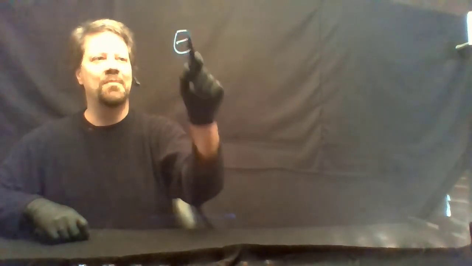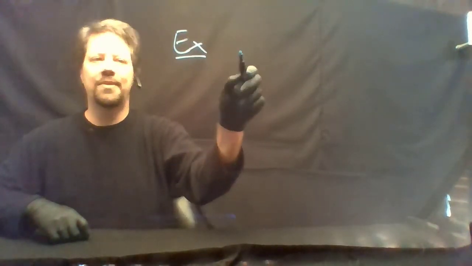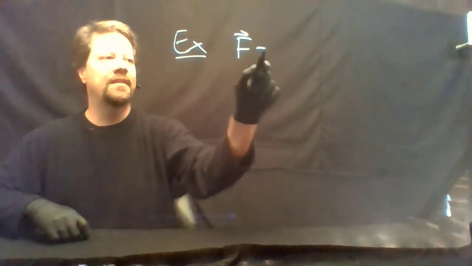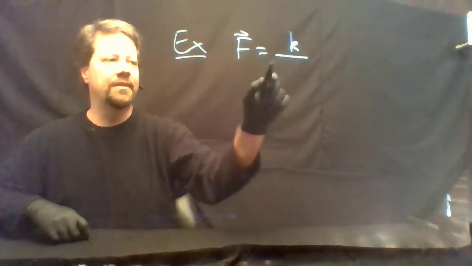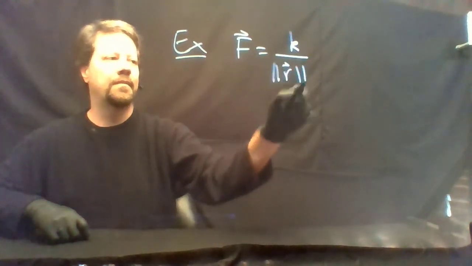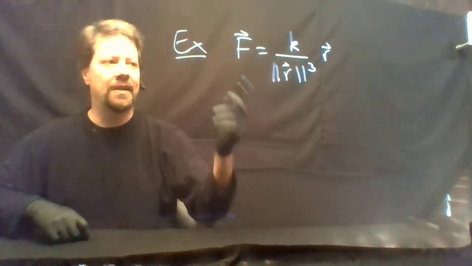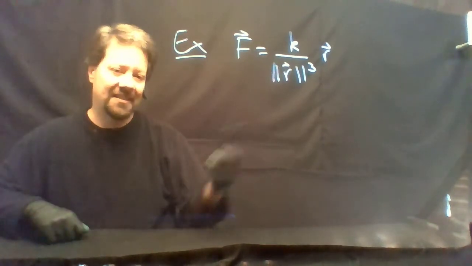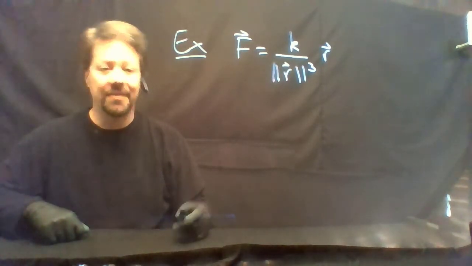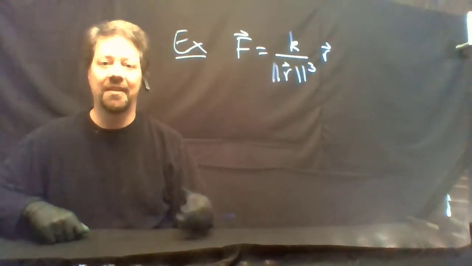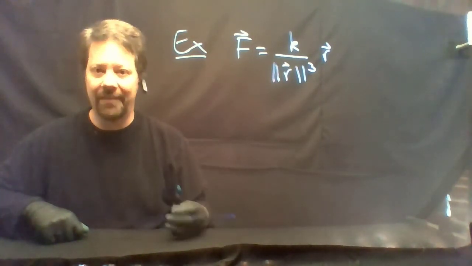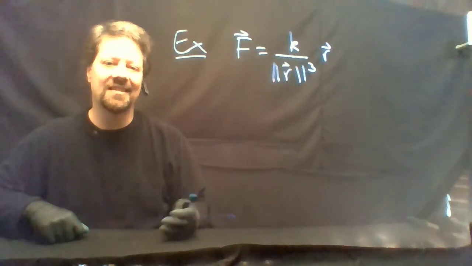On our next example, I'm going to suppose that our vector field is an inverse square field. Remember, those may always be expressed in this way. Recall that Coulomb fields are inverse square fields, as are gravitational fields. If you believe in Newton's theory of gravity, they'll be inverse square fields like this.